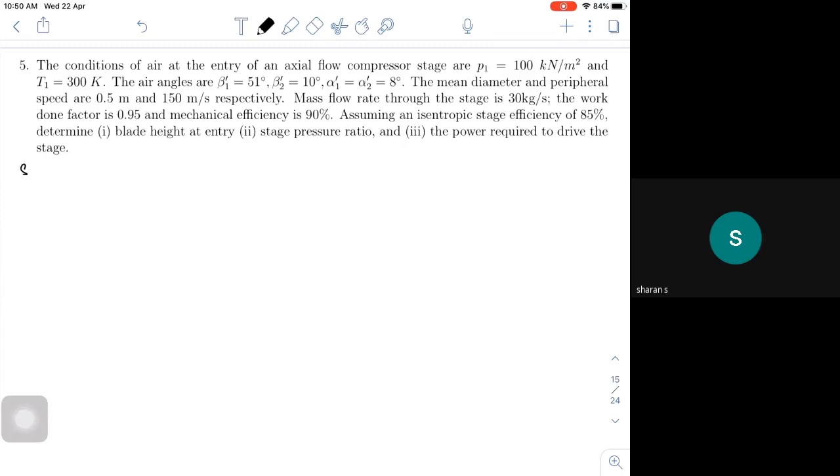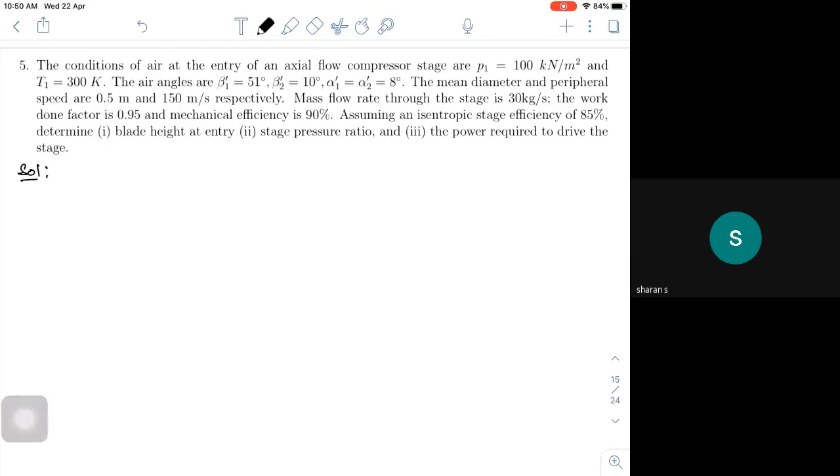Let me read the problem. The conditions of the air at the entry of an axial flow compressor stage are 100 kilonewton per meter square and 300 Kelvin. The air angles are beta 1 dash is 51 degrees and beta 2 is 10 degrees, and the corresponding alpha 1 and alpha 2 are equal to 8 degrees.